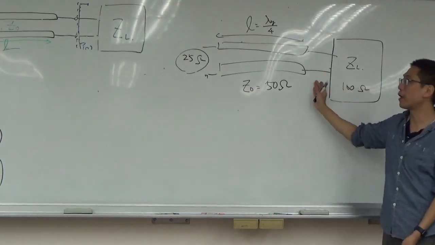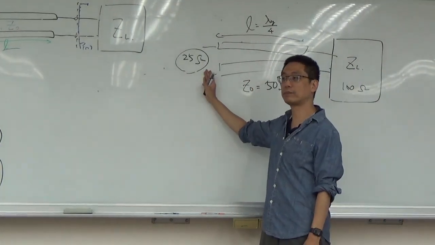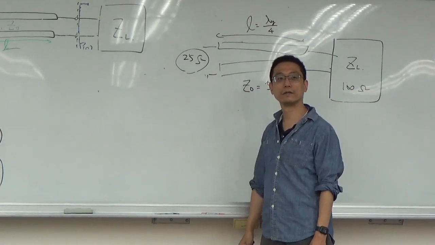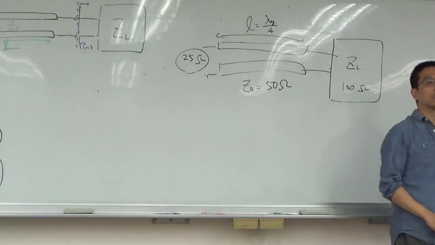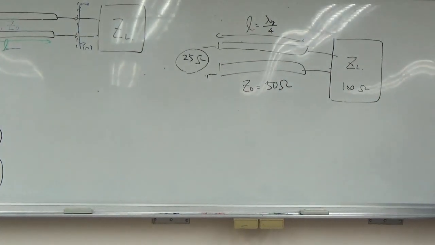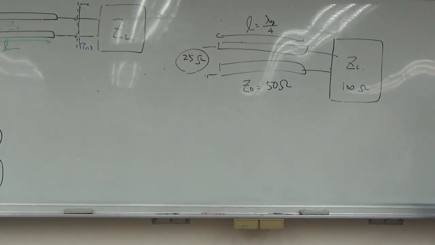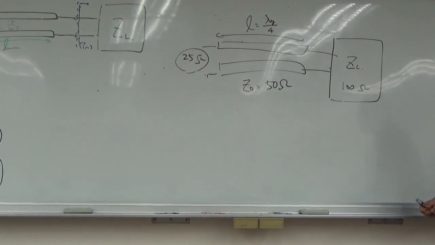Then I will obtain 25 ohm here. Okay? I can change impedance. I can design circuit. Okay? This is very important.